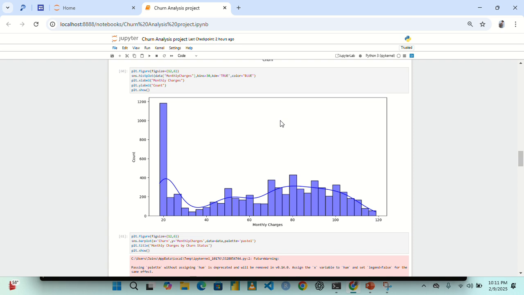The next interpretation I found is that as the monthly charges increase, the number of customers decreases. I also found a few customers are paying higher charges, something around $100 to $120, possibly indicating they have some premium plans. We all know premium plans are very costly. So this plot is called a KDE plot.